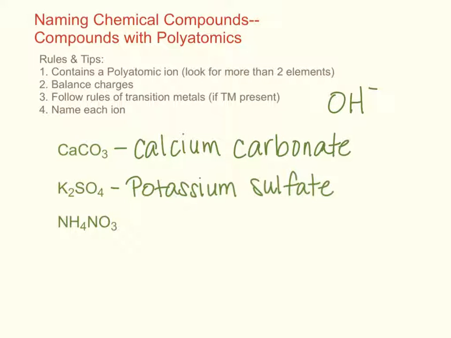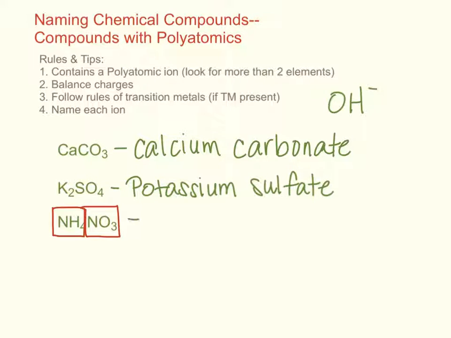Then there's a couple others. Acetate and ammonium are polyatomics that don't end in ate or ite, but for the most part, they will. Okay, so NH4NO3. So now I actually have 4 elements. If I flip over my periodic table, I'm going to notice that I have 2 polyatomics, NH4 and NO3.